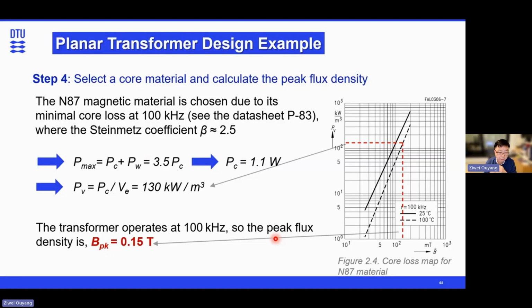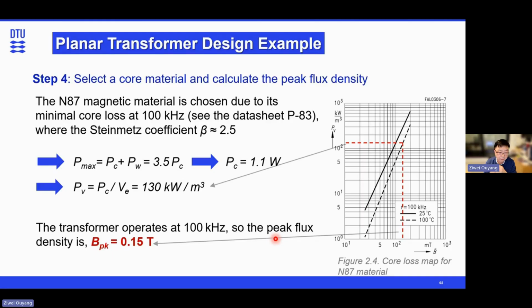Normally N87 is nearly the same as N97 for 100 kilohertz. So here I'm going to select the N87 core material for my design, and then we can calculate the Steinmetz coefficient beta equal to 2.5.